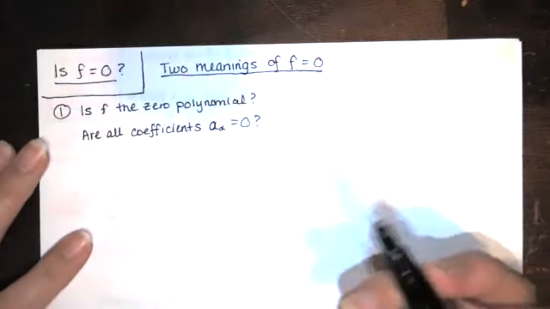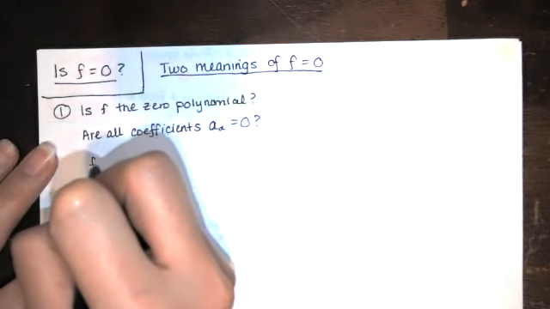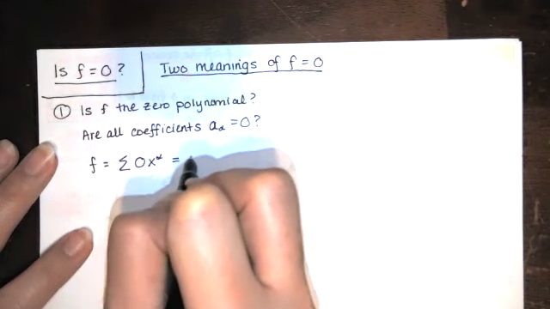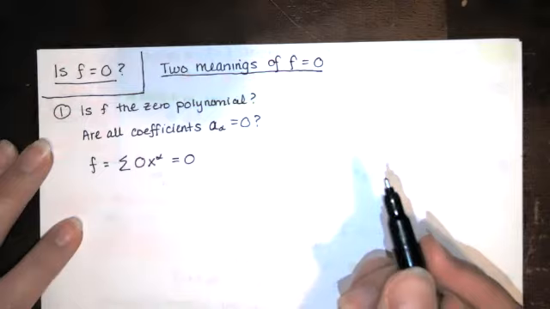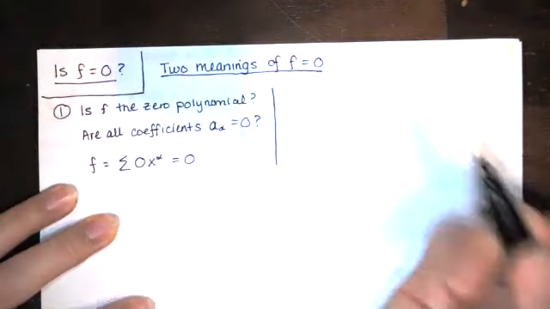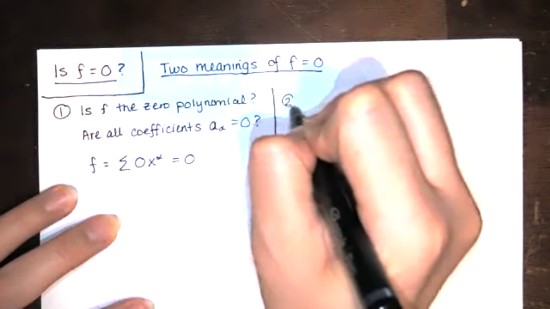If they are, then this is the 0 polynomial. Basically, you've got that, which is of course 0, no matter what a sub 1 through a sub n happen to be. So that's one meaning of f equals 0.